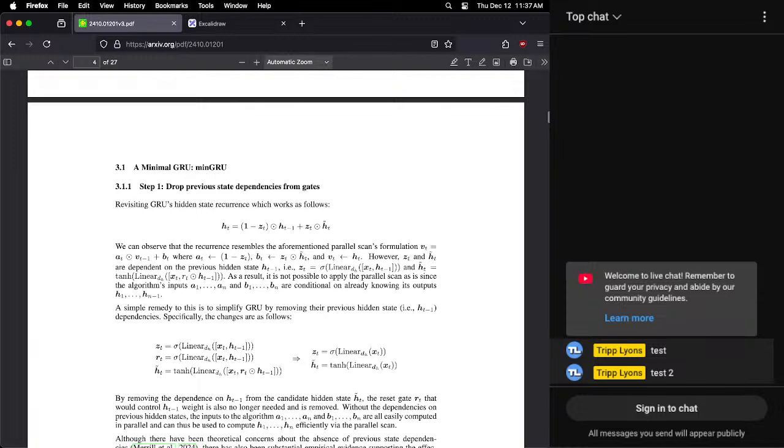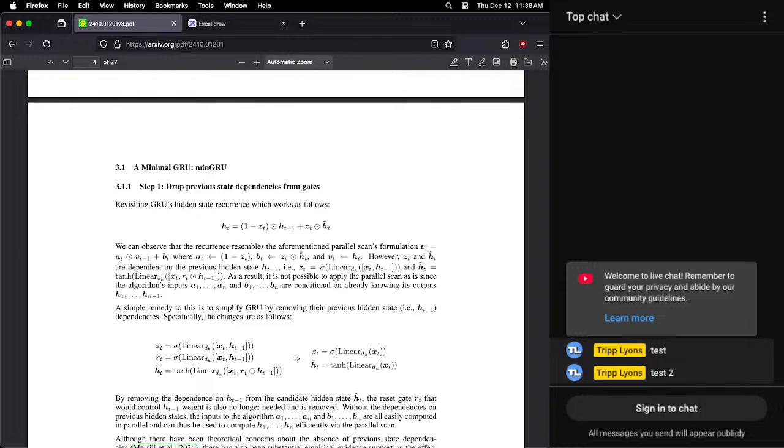Here, this is the same hidden state recurrence from earlier, and this can be done in parallel. First, you have to calculate this average. I guess this isn't an average.